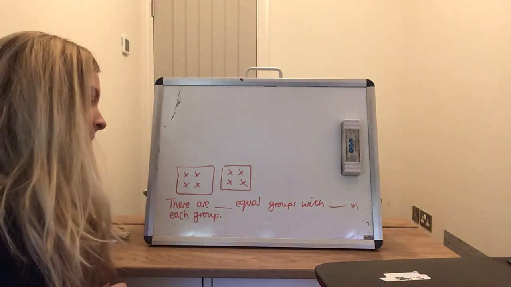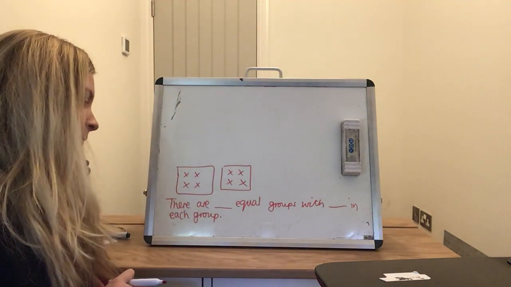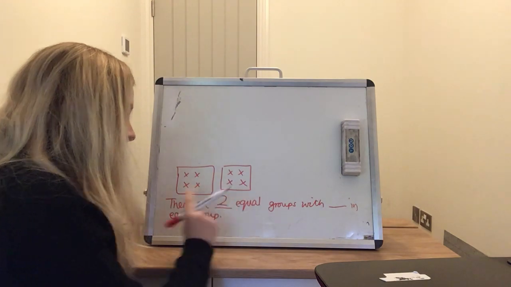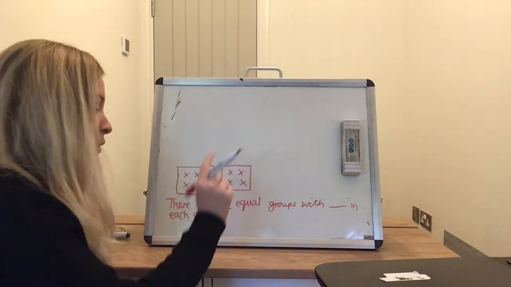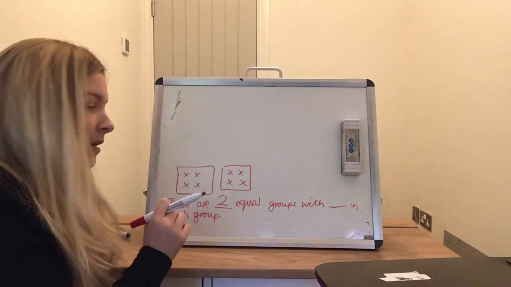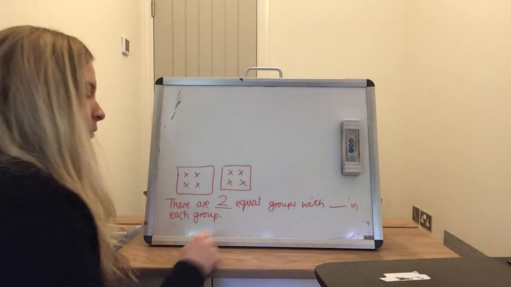What are you thinking? How many groups with these things inside do I have? 2. Well done if you're thinking 2. There are 2 equal groups because they have the same inside within each group.